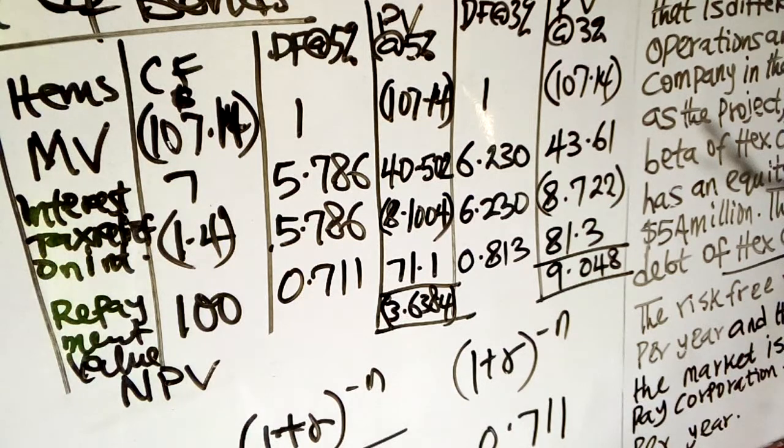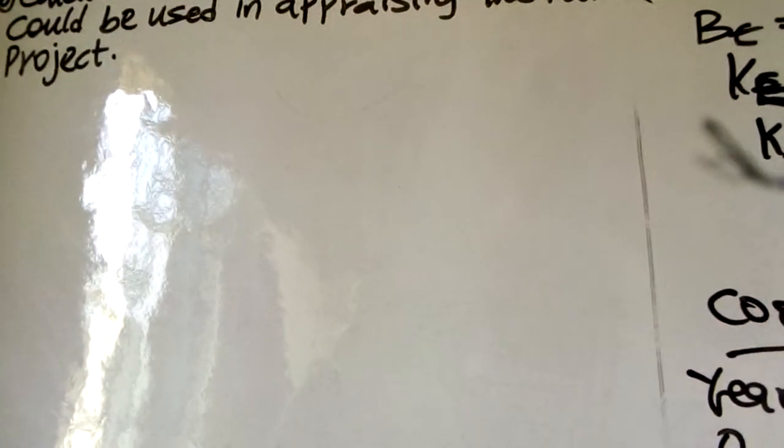Now, since we have got two NPVs, one positive and the other negative, the next thing is to compute the IRR, the internal rate of return.